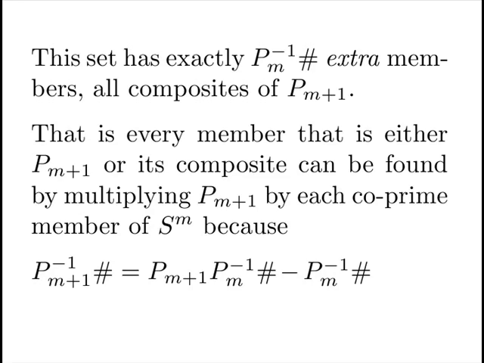That is, every such member is either our next prime number, or its composite, and they can be found by multiplying our next prime number by each co-prime member of our current S-model, because of our primorial minor algebra.